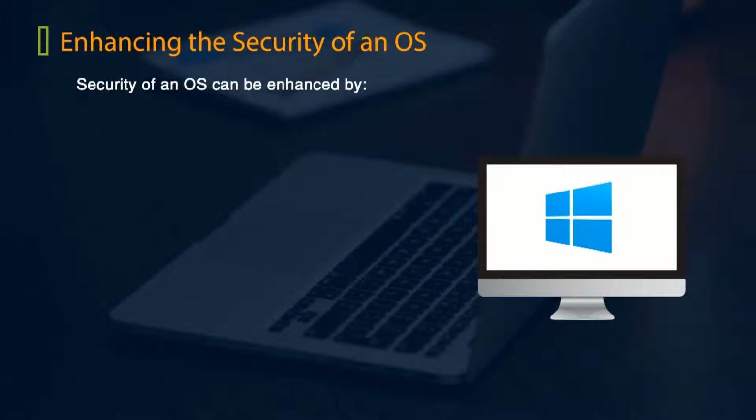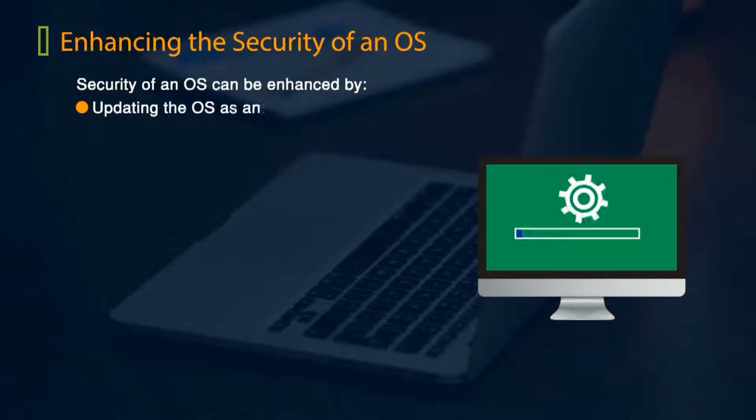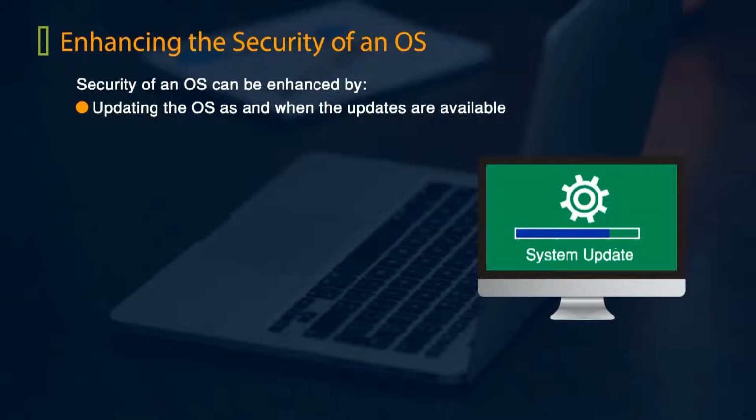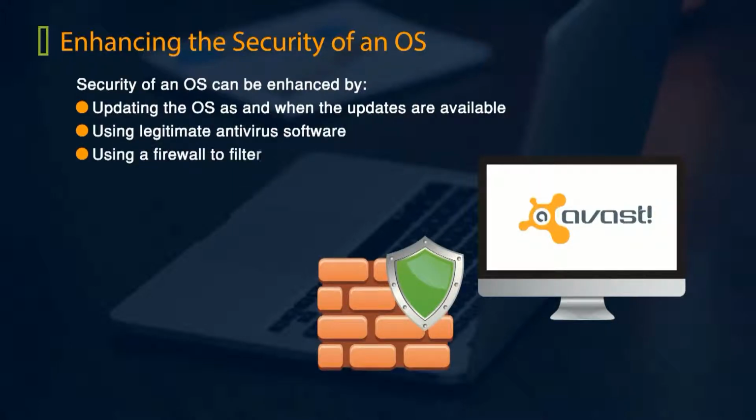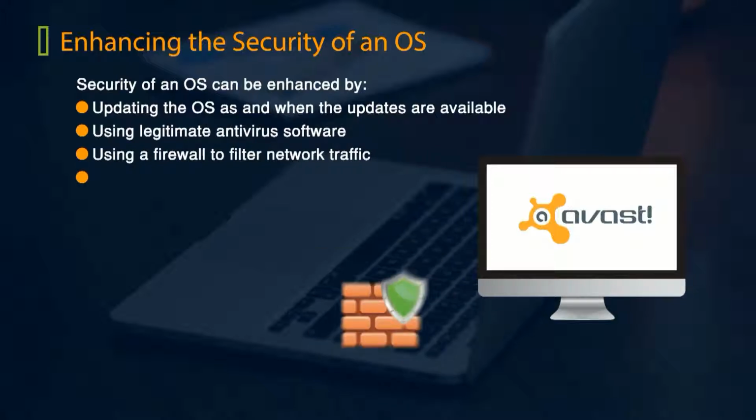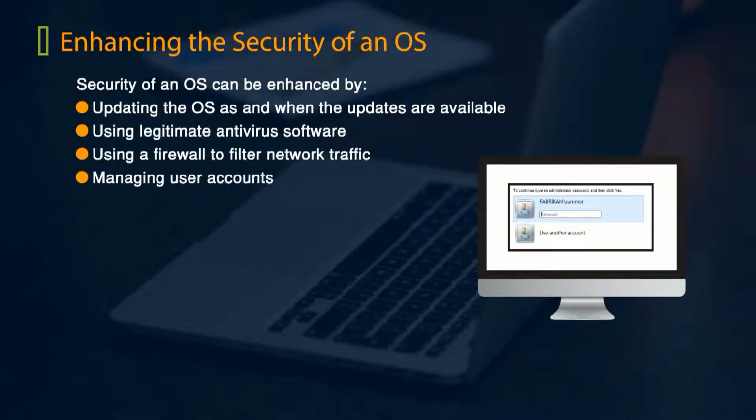There are several programs and applications that protect your device actively. You can further enhance the security of your OS by updating the OS, using legitimate antivirus software, using a firewall to filter network traffic, and managing user accounts securely.